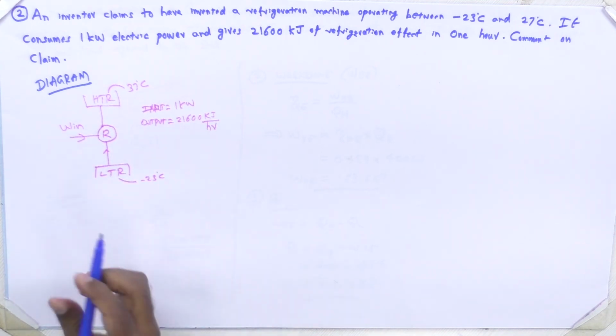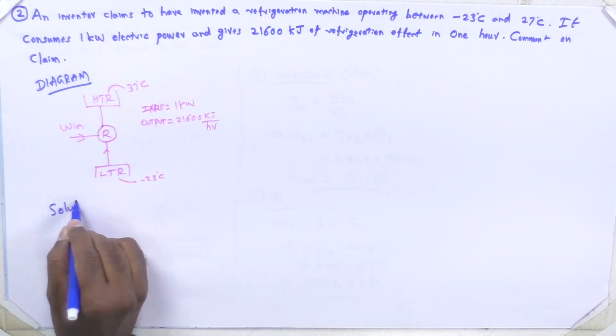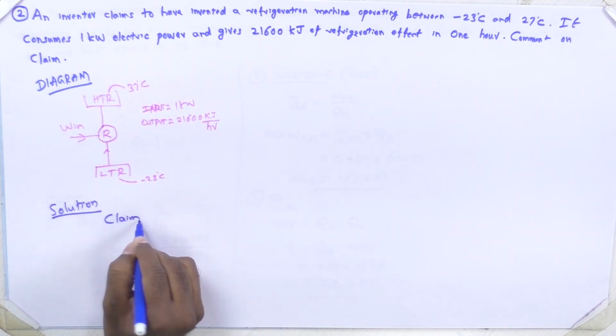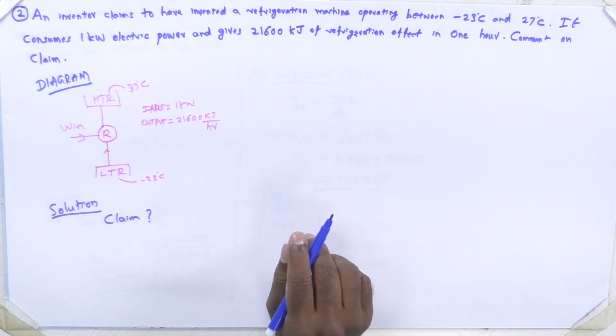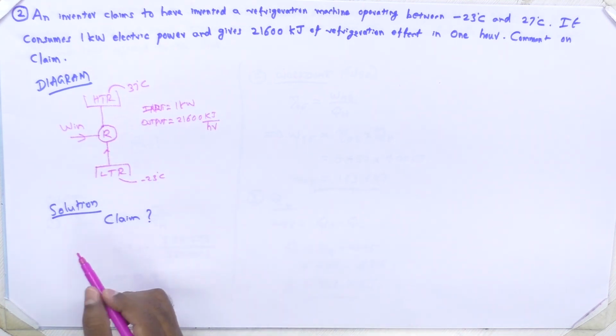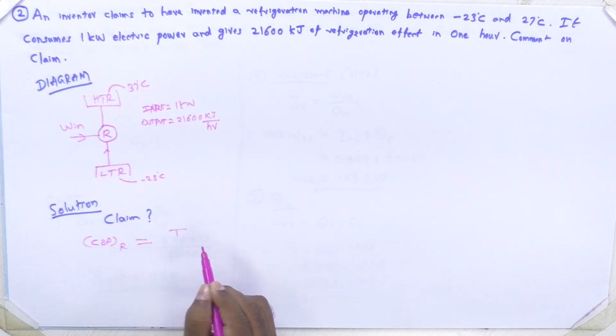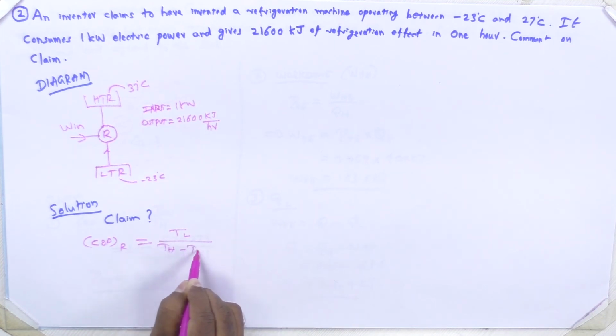Now let us go to the solution. We need to find whether the claim is possible or not. So let us derive the COP of the refrigeration system, which is given by the formula TL divided by TH minus TL.